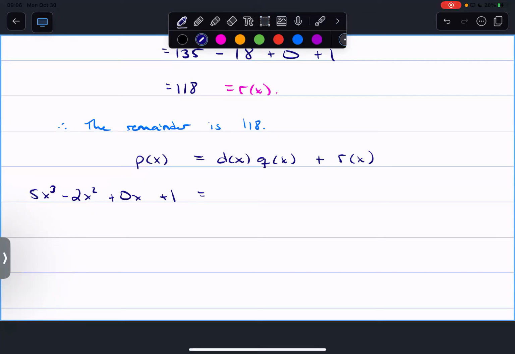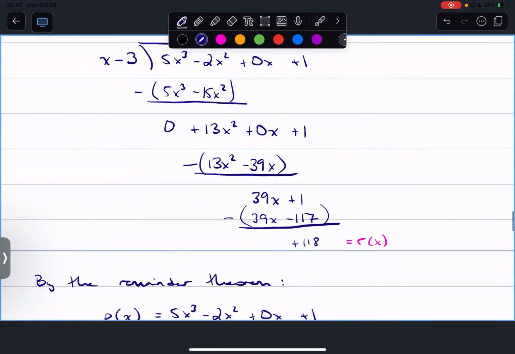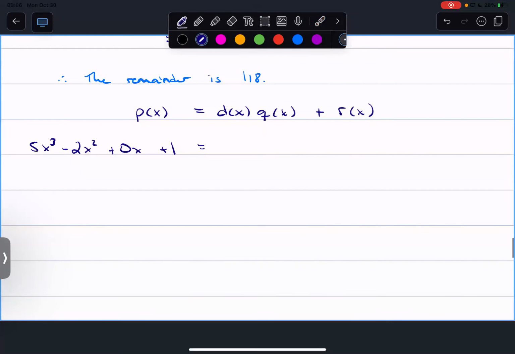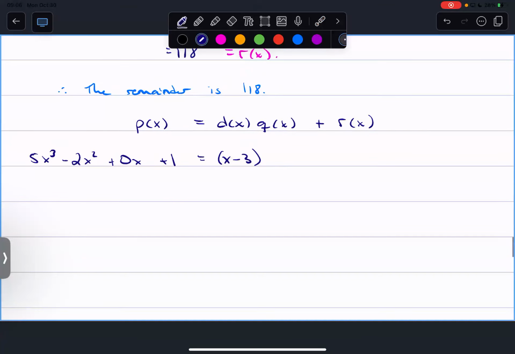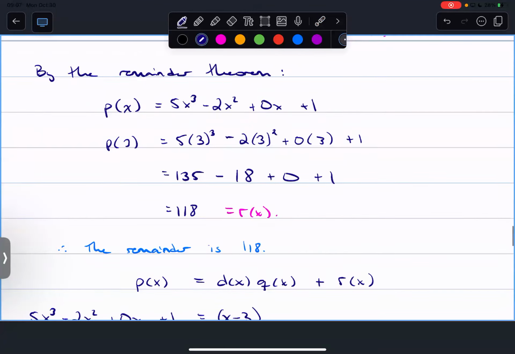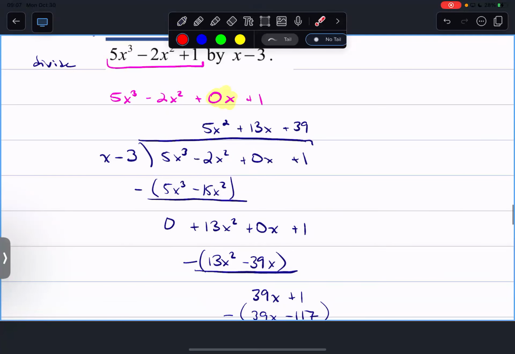The divisor was x minus 3, right? That's this little guy here. And so I can rewrite this as x minus 3, and then the quotient was what we found up top, which is 5x squared plus 13x plus 39.